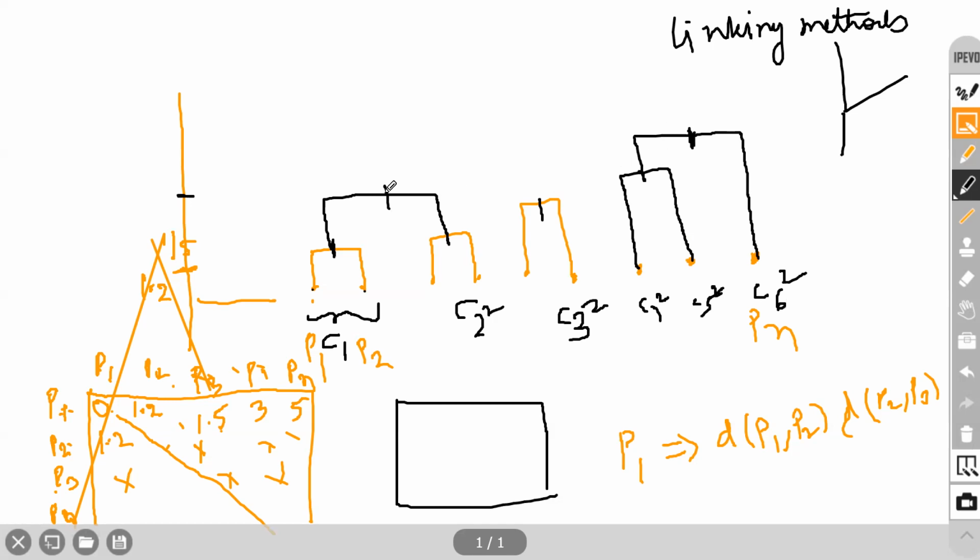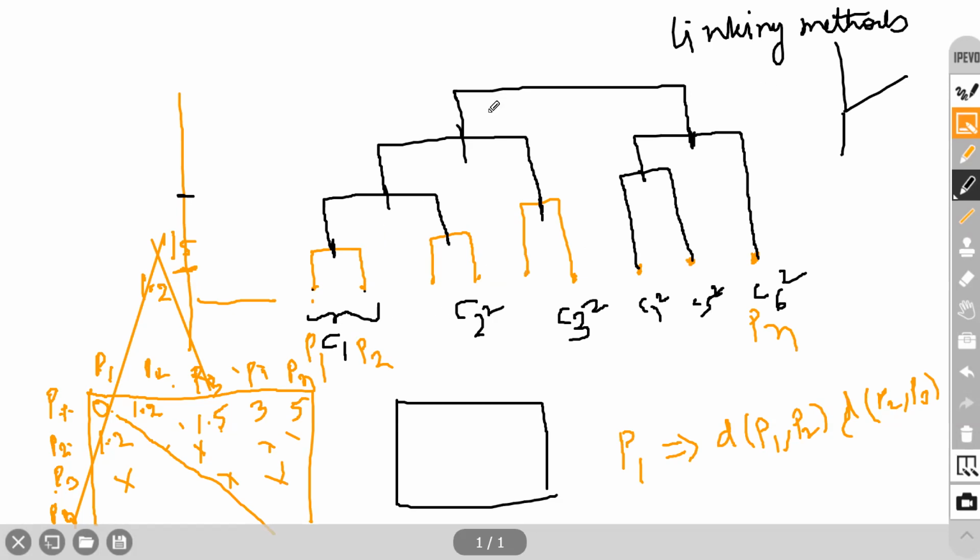If I measure the distance and it is a closer one, I merge it. Now if I measure the distance between this and this, at this distance it has been merged. So now from single-point clusters, I make one big cluster. You are seeing it, right? We merged it, and we have merged all the points.